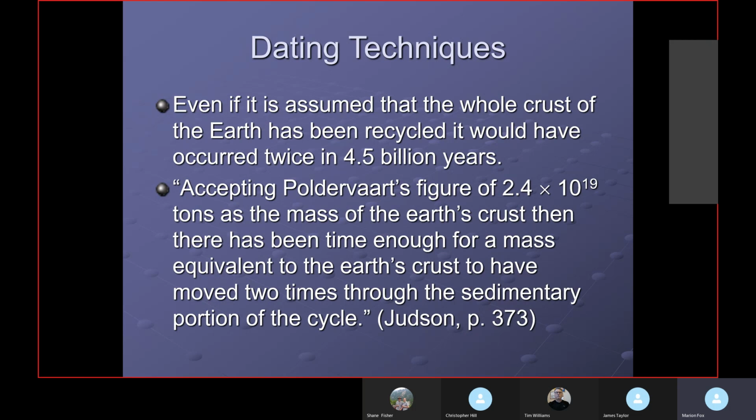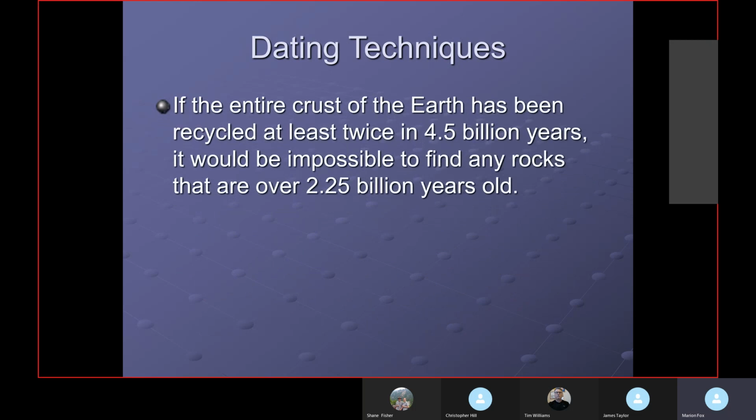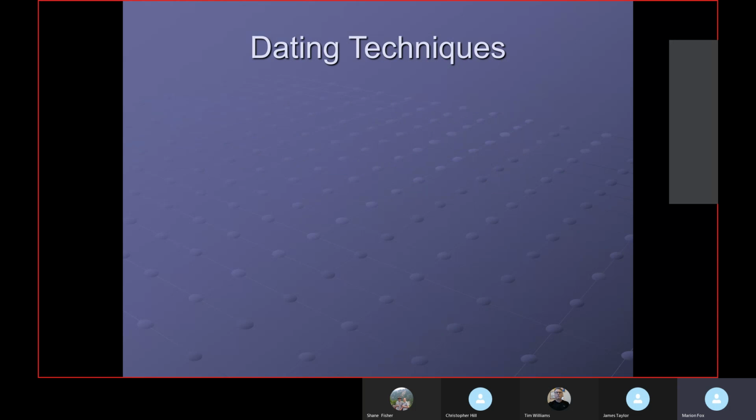So for the whole crust of the Earth, we shouldn't be able to find any rocks older than 2.25 billion years, half of 4.5. And they claim they have rocks older than that. If the entire crust of the Earth has been recycled at least twice, it would be impossible to find any rocks over 2.25 billion years old.